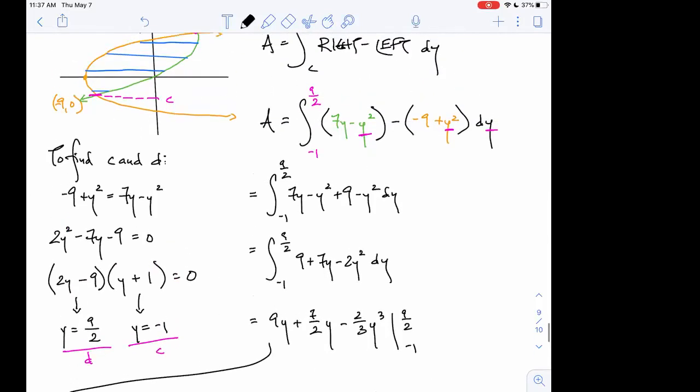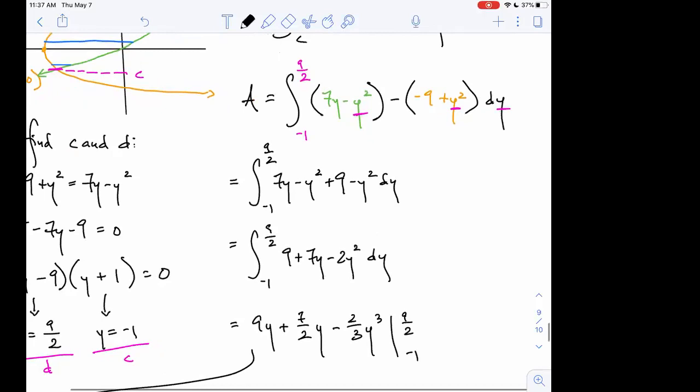All right, let's start with this top part here. When you took away the parentheses and you combine your like terms, do we all agree with this step here? Yes. Yeah, okay. When we take our antiderivative or our integral, do we agree with this step? Yes.